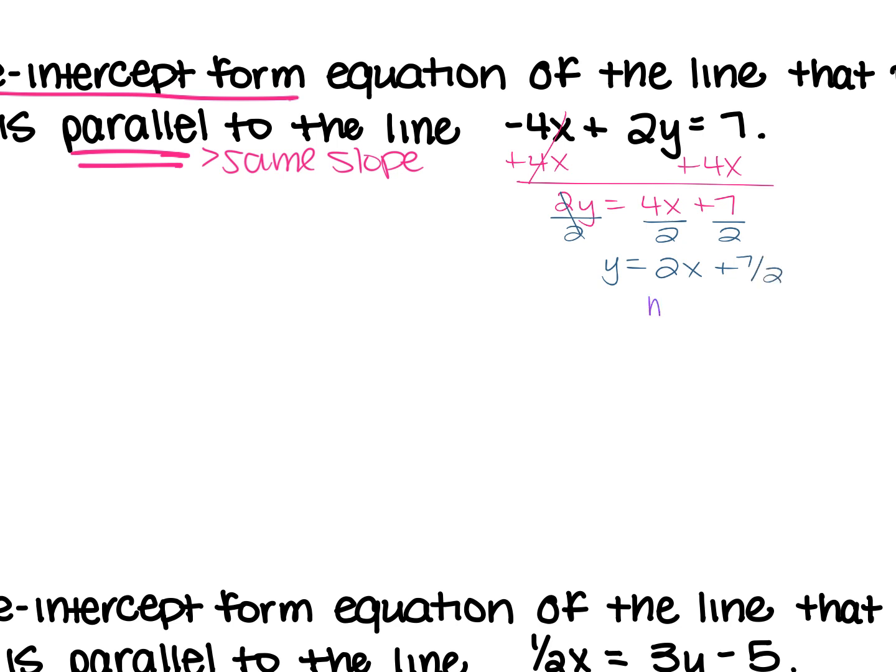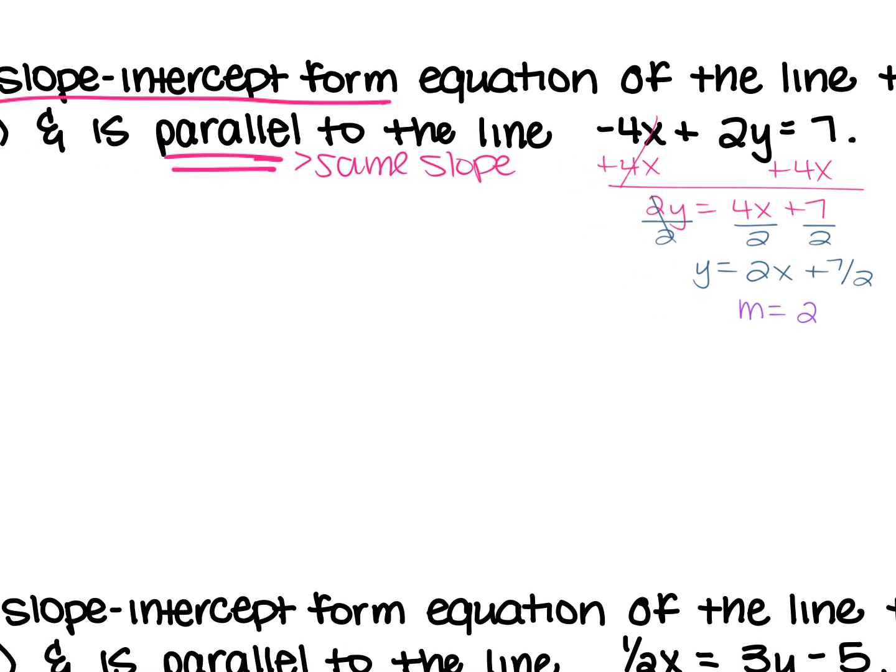The slope from this line is 2. You want the slope of the line parallel to that. Since it is parallel, that means that it will stay the same. So your parallel slope is also 2. The two double lines that are right next to each other in front of that m just represent the word parallel.